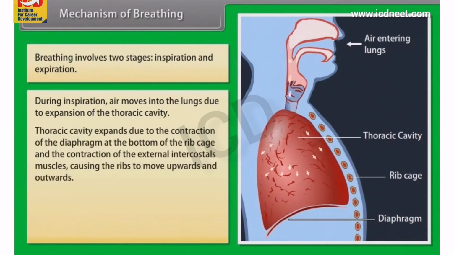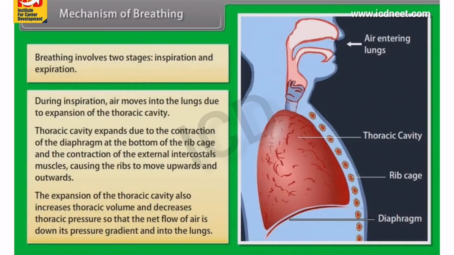Thoracic cavity expands due to the contraction of the diaphragm at the bottom of the rib cage and the contraction of the external intercostal muscles, causing the ribs to move upwards and outwards. The expansion of the thoracic cavity also increases thoracic volume and decreases thoracic pressure, so that the net flow of air is down its pressure gradient and into the lungs.